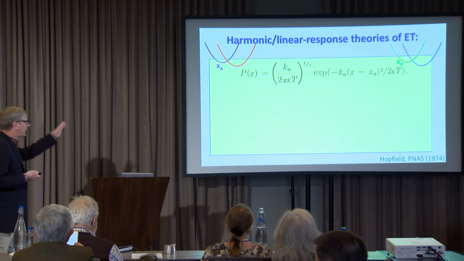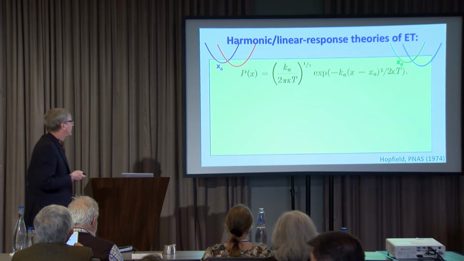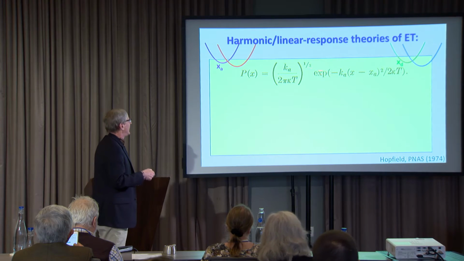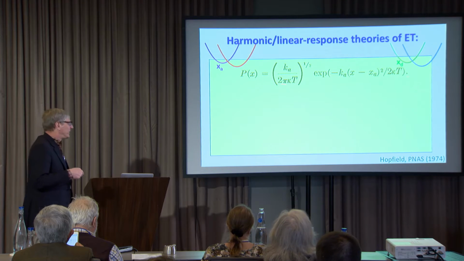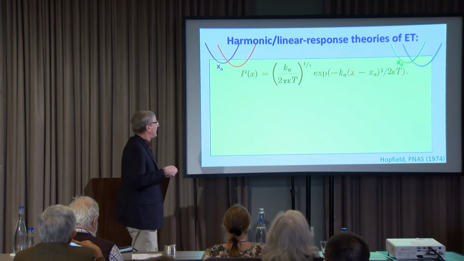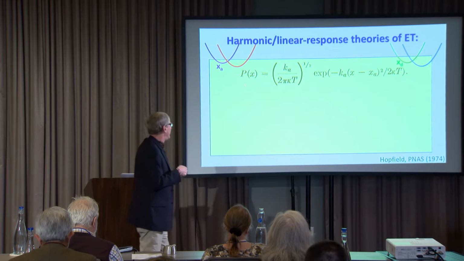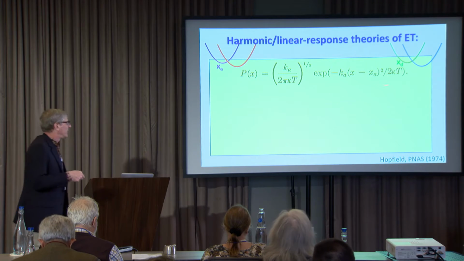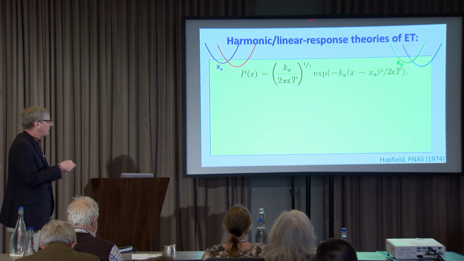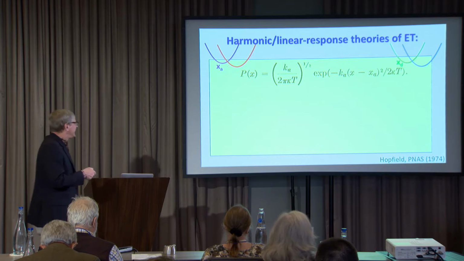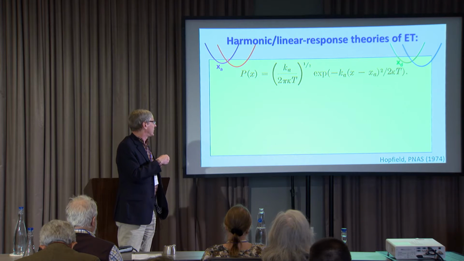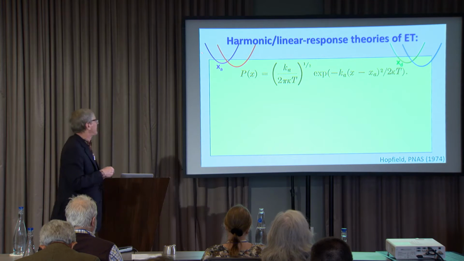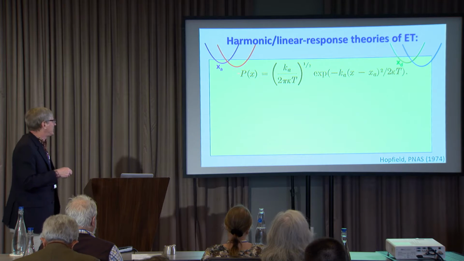So here's the classic Hopfield Marcus sort of picture of electron transfer. We assume that we have a classical nuclear degree of freedom. If it's a harmonic oscillator with a spring constant k, here's the probability distribution function for positions along the harmonic coordinate. Now, in the case of electron transfer, we don't just have one potential surface, we have two, one corresponding to the oxidized and one to the reduced species.